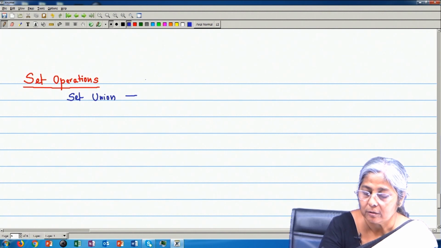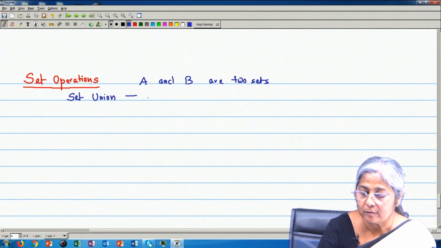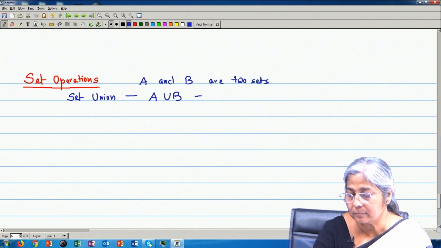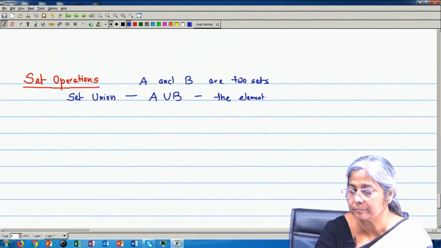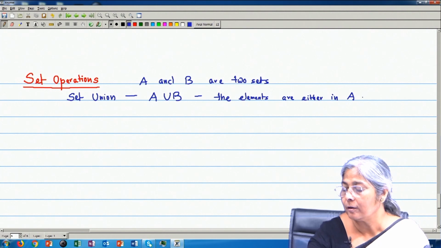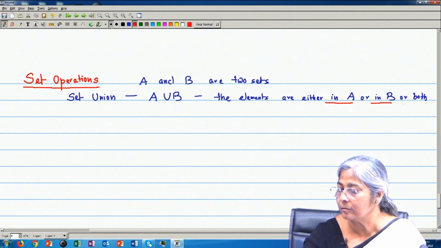If we consider two sets A and B, then set union, the notation is A union B, that means it contains the elements that are either in A or in B or both.